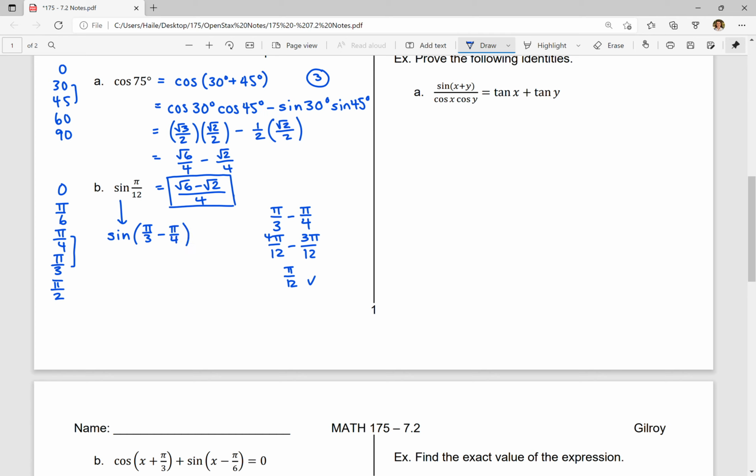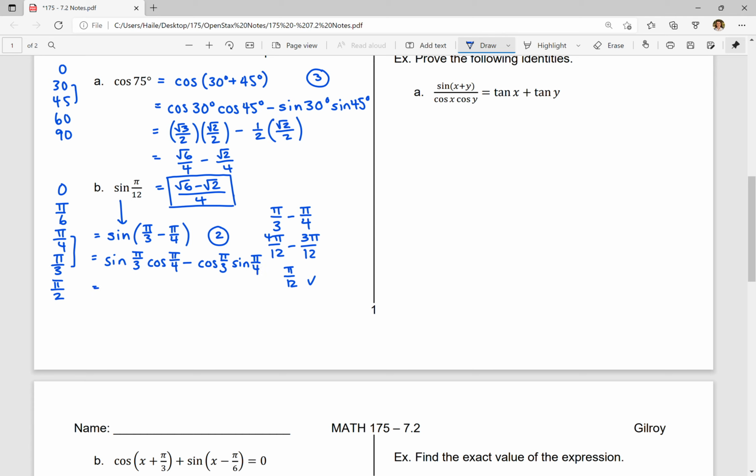All right, and then I can apply my formula. This time we're going to use formula 2 because that's a sine of a difference. So if we expand this using formula 2, we'll get sine of pi over 3 times cosine of pi over 4 minus cosine of pi over 3 times sine of pi over 4. Okay, and then we can sub in values.